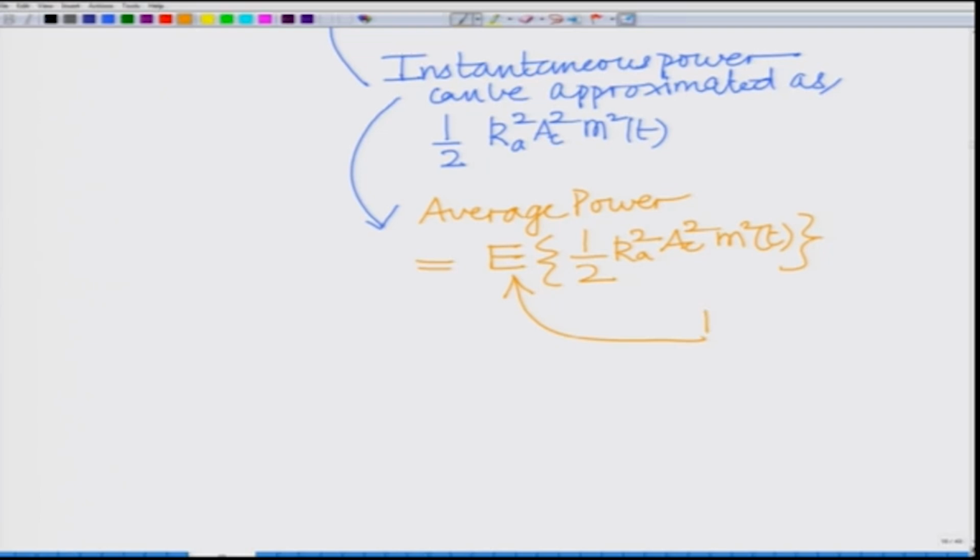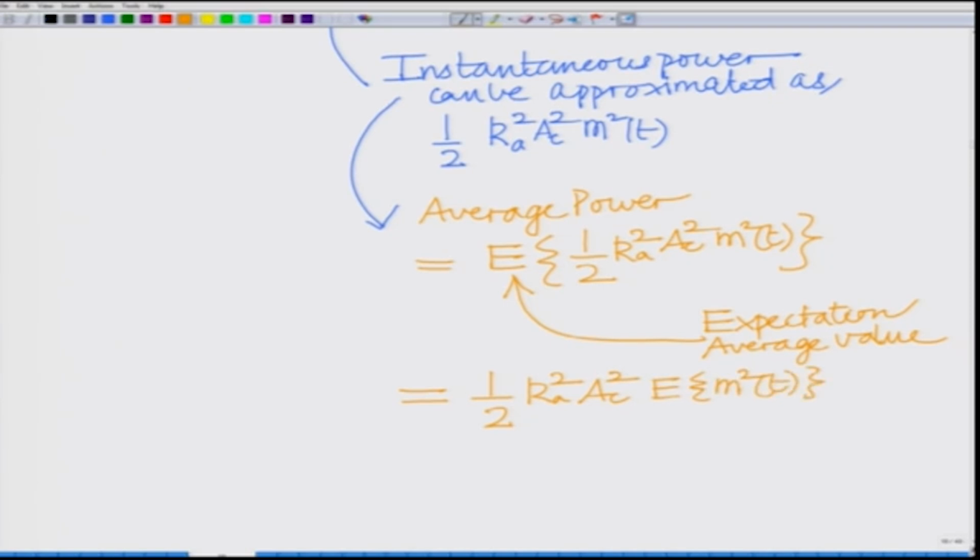E stands for expected, this is the expectation or the average value, and therefore, this is equal to, I can bring the constants outside, half k_a square A_c square times the average value of the quantity m square t.